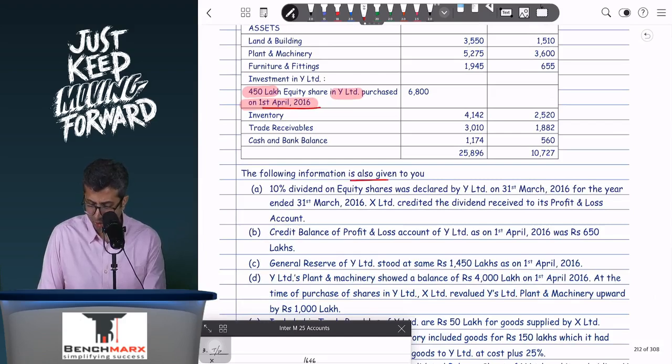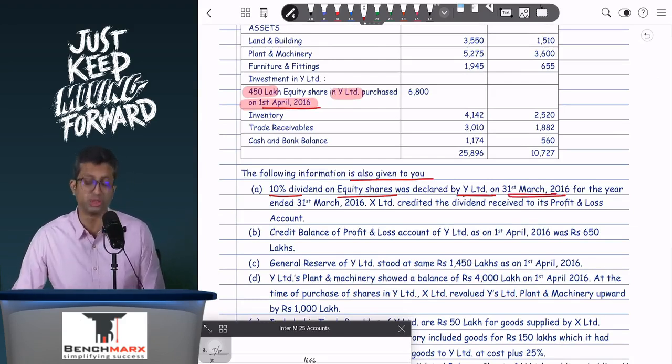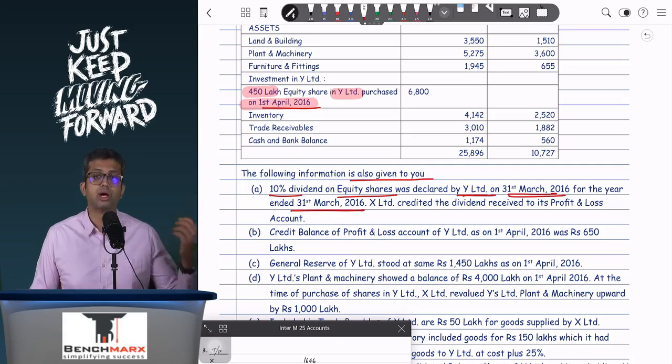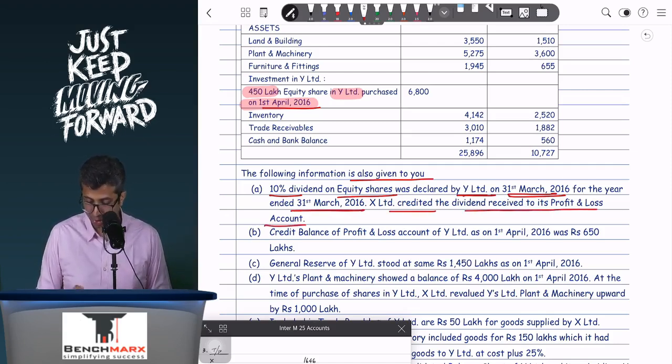Following is the information also given to you. 10% dividend on equity shares was declared by Y on 31st March 16. This was declared on 31st March 16 for the year ended 31st March 16. Now, this must be paid out of the profits of the year 15-16, and that is pre-acquisition. X credited the dividend received to its profit and loss account. Is that correct? No. I will have to make an adjustment.